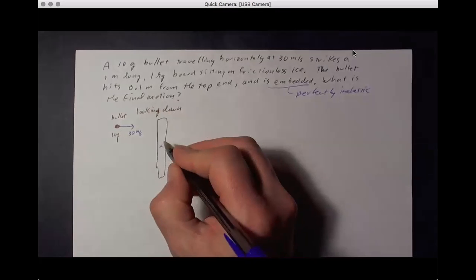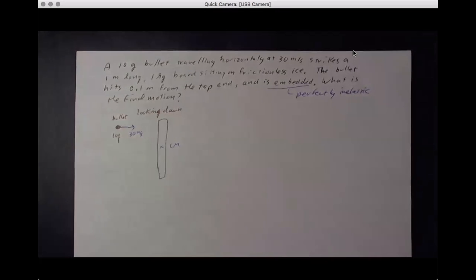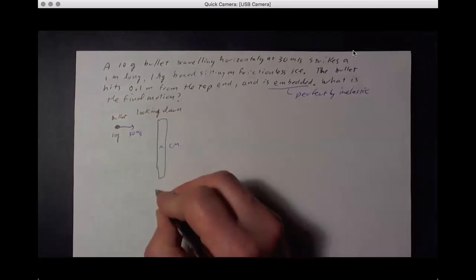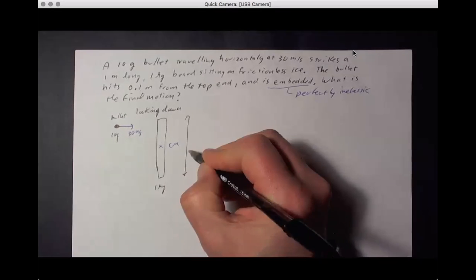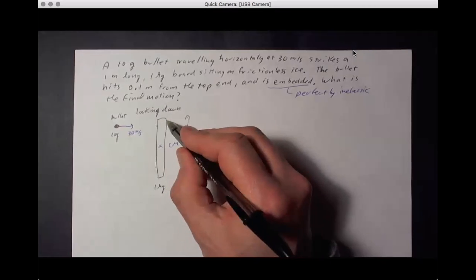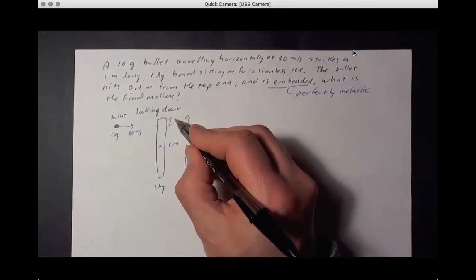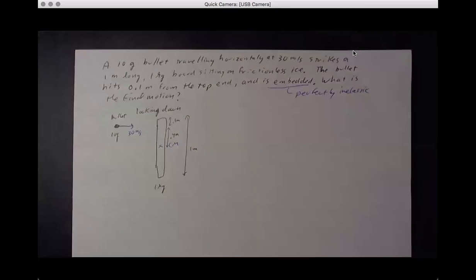There's the center of mass right there, halfway up the board. This is 1 kilogram. That's 1 meter. This hits a point here, or it's going to hit a point, 0.1 meter. So that leaves 0.4 meters down to the center.